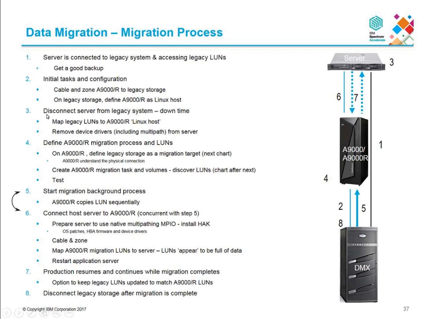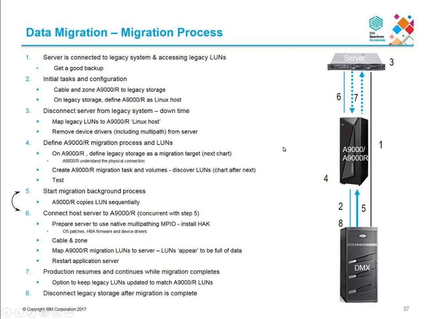Then, step 4, I want to define the migration processes, which basically says create a volume on the A9000, and I want to map the volumes to the A9000, and I want to create a volume that matches that.